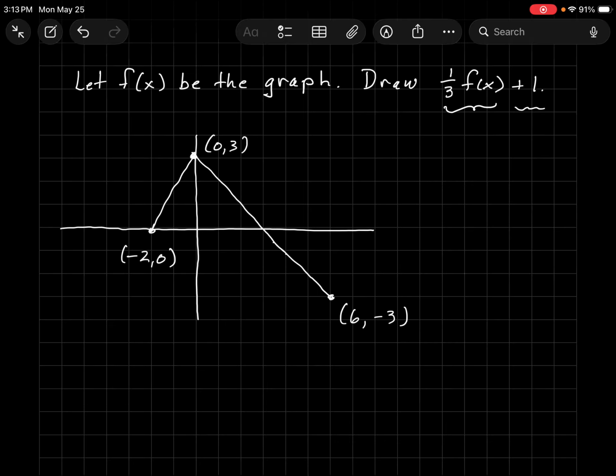So if this is my graph of f of x, 1/3 f of x says take your y values and multiply them by 1/3. We're not affecting the x's, just the y's. So if I start over here at -2, 0, 1/3 of 0 is still 0. We'll go to our next major point, 0, 3.